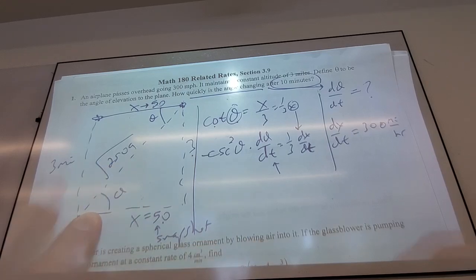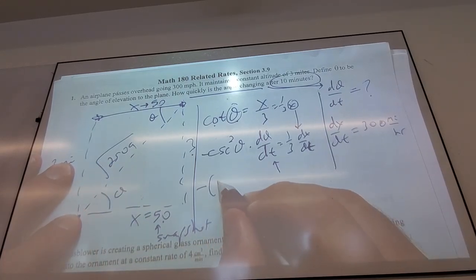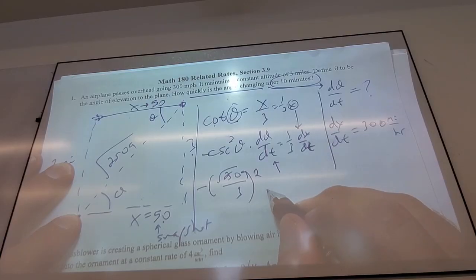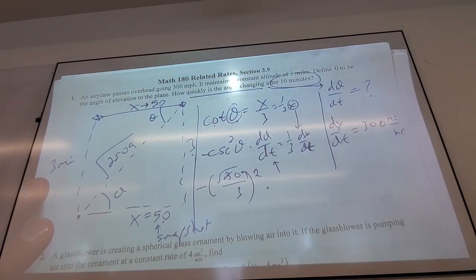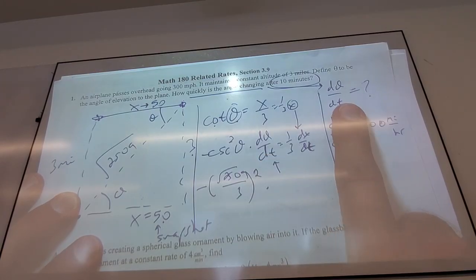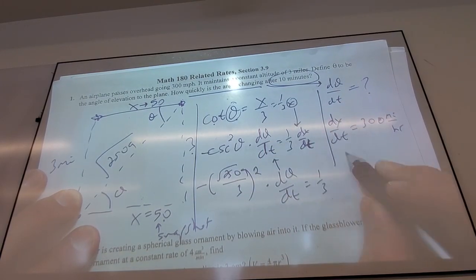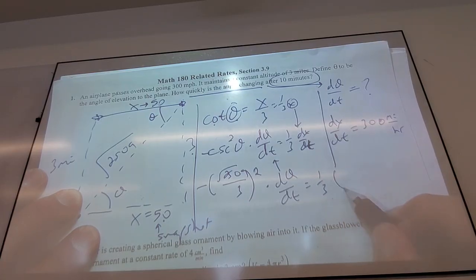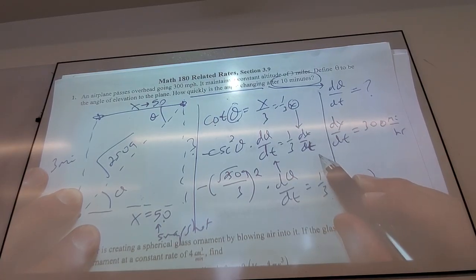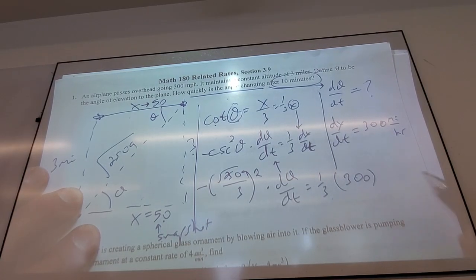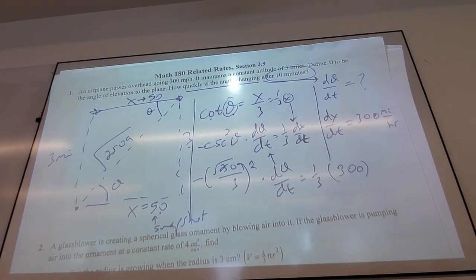Yes. This is negative square root of 2,509 over 3 squared. What's d theta dt? We don't know. What's dx dt? What's dx dt? 300. And now you can solve for d theta dt.